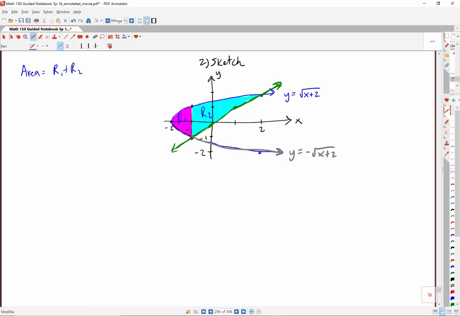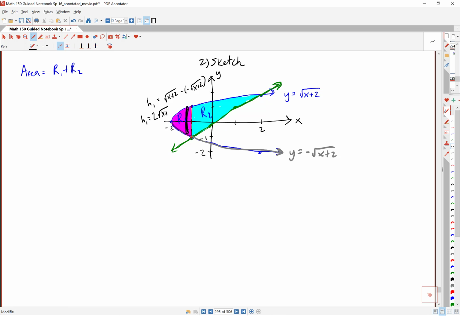So the rectangle at any given time for region 1 is going to be root x plus 2 minus negative root x plus 2, right? This height of this rectangle, height 1, we'll call it. So height 1 is really 2 root x plus 2.